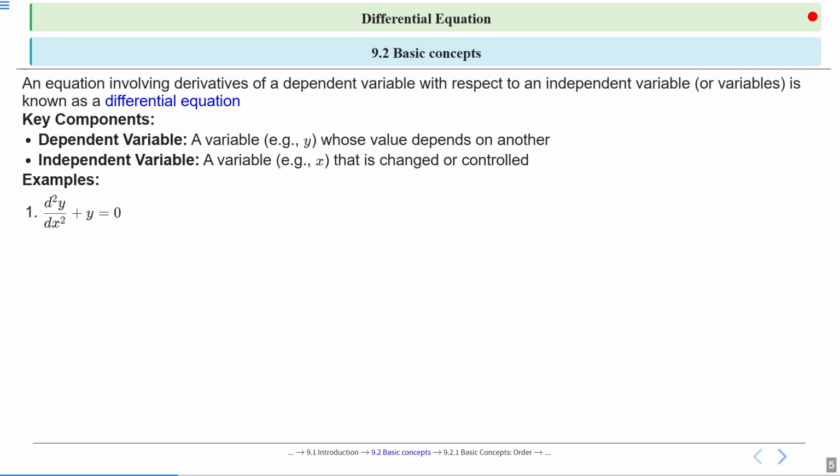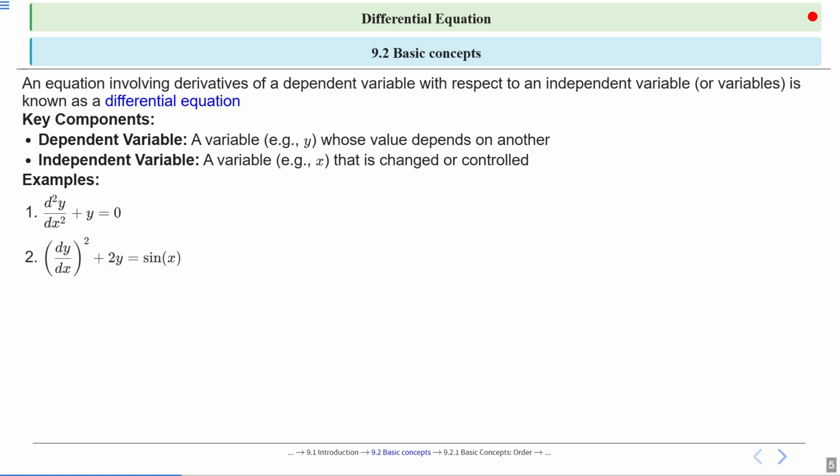It is not a single differentiation, it is a double differentiation. We differentiate y with respect to x two times, we get d2y by dx2 plus y, and that is an example of a differential equation.